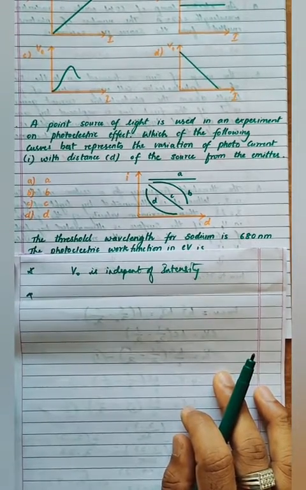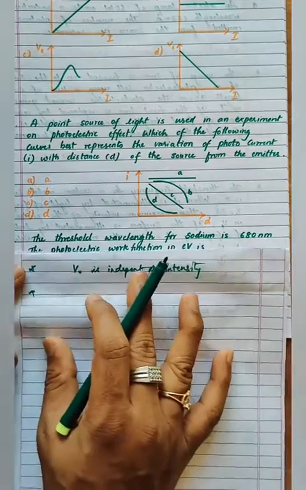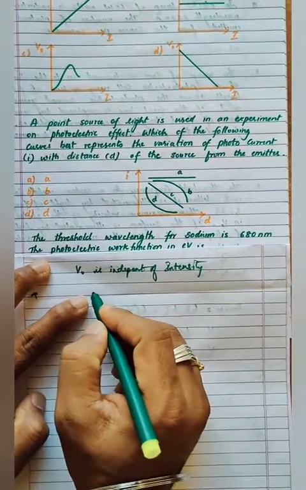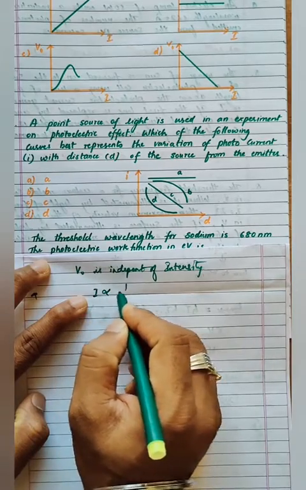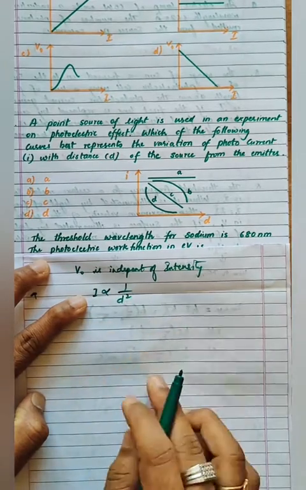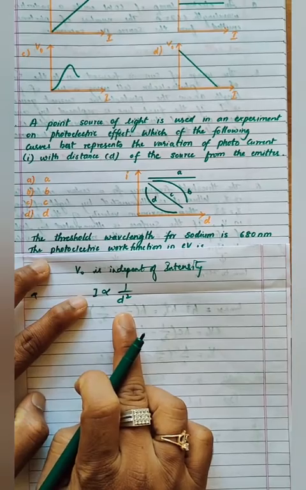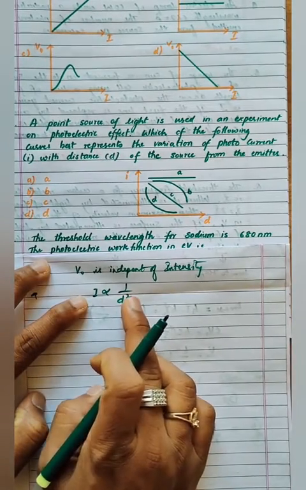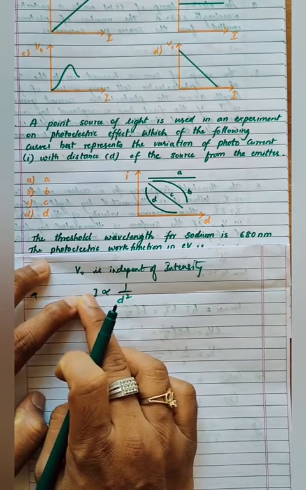Okay, so as we know, the intensity and the distance are dependent. How are they dependent? The intensity I is inversely proportional to the square of the distance. You know this, right? So it means as we decrease the distance, the intensity will increase.